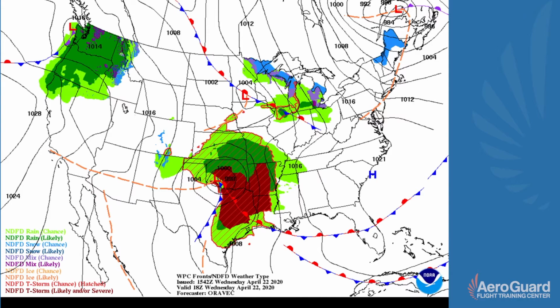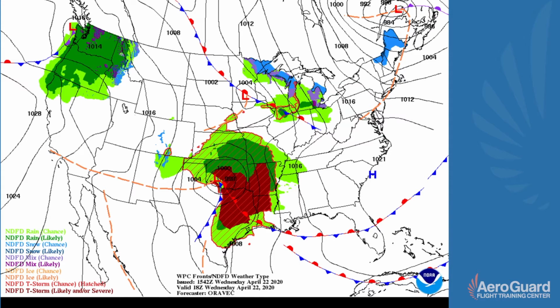We remember that our flight departure time is approximately 1830 Zulu. So this is depicting what the weather should look like approximately at that time, at least on a large scale. And so what do we see when we look at this?